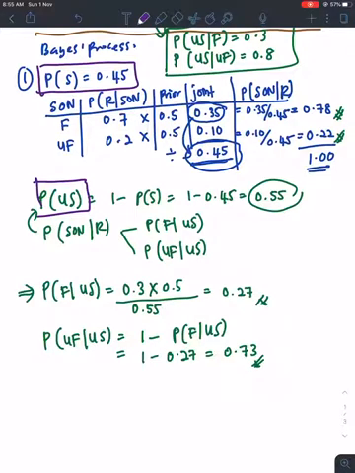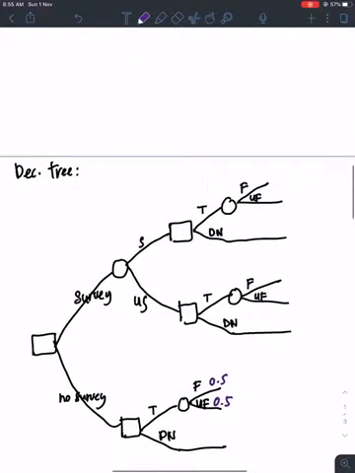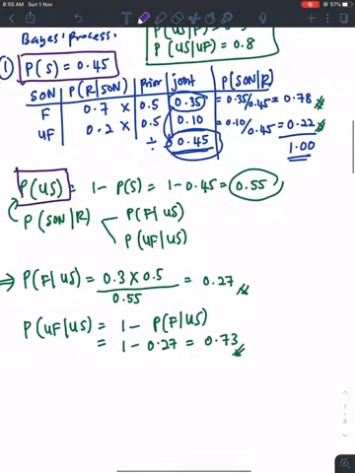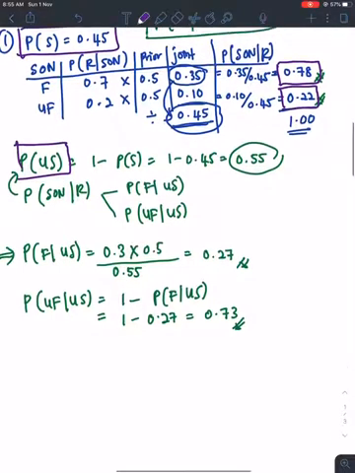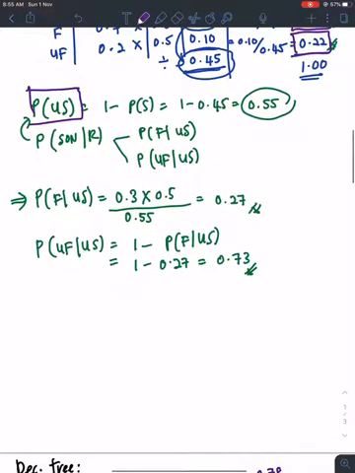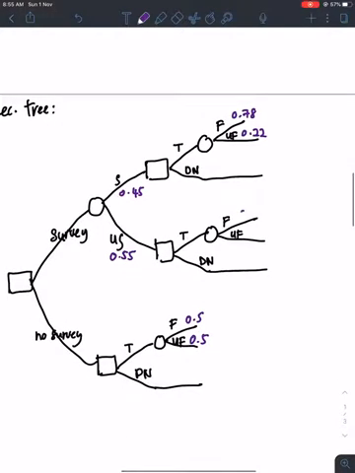For result success, 0.45. Unsuccess, 0.55. And then posterior for group success, favorable 0.78 and 0.22. And for unsuccess, favorable 0.27, unfavorable 0.73. Okay, now next information.